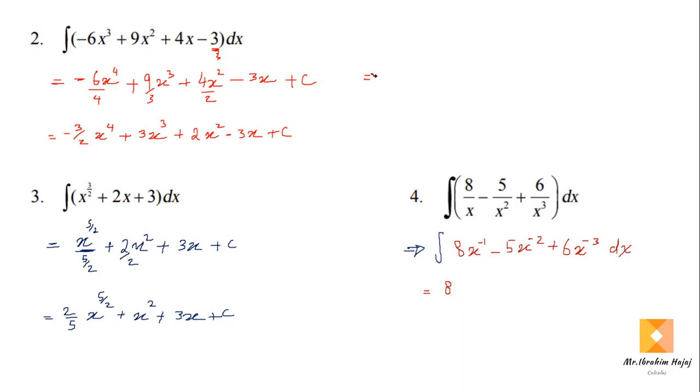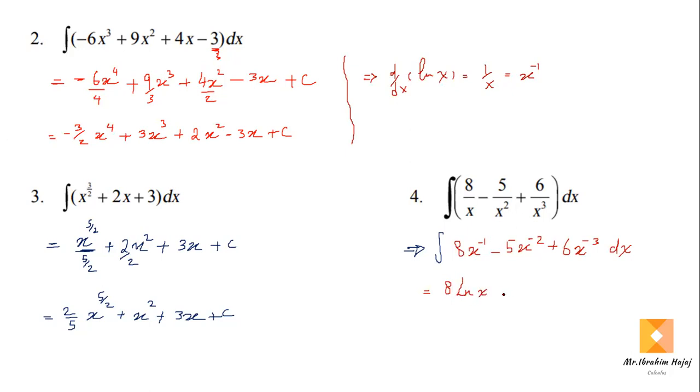If you remember from the first term, what's the derivative d over dx of ln x? It was 1 over x. So the integral of 1 over x, or x to the power of negative 1, gives ln x. So it's now 8 ln x.